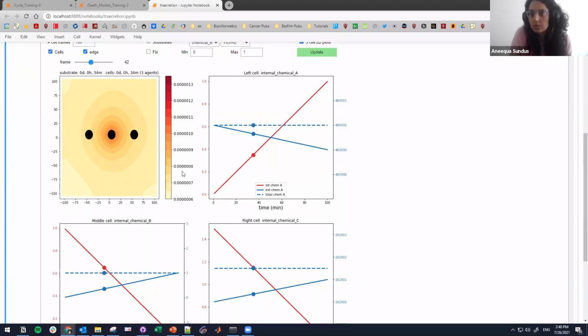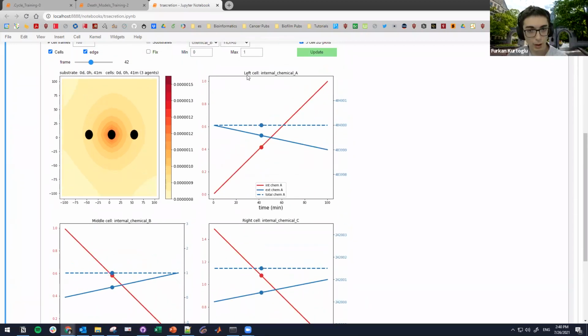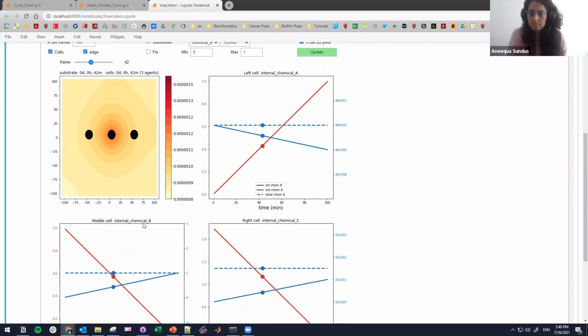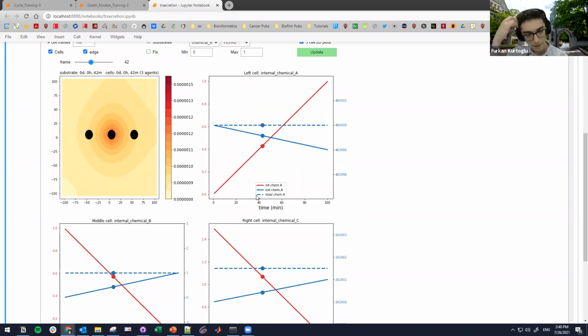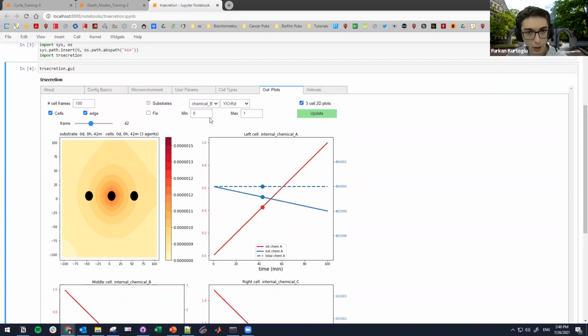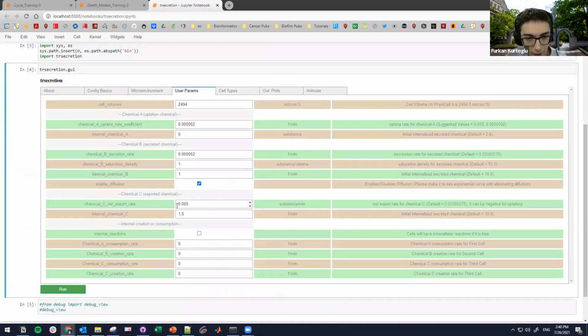If you have a question, can you please ask? Yeah, so the left one is chemical A, which is uptaking. B is secreting, the middle, and C is just export. Let's use actually a negative export rate.